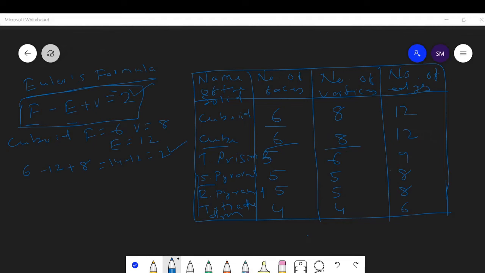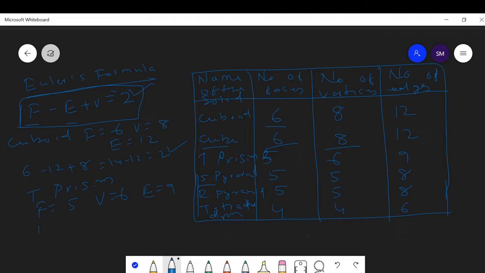Then check for the triangular prism. In the case of the triangular prism, the number of faces F is 5, the number of vertices V is 6, and the number of edges E is 9.